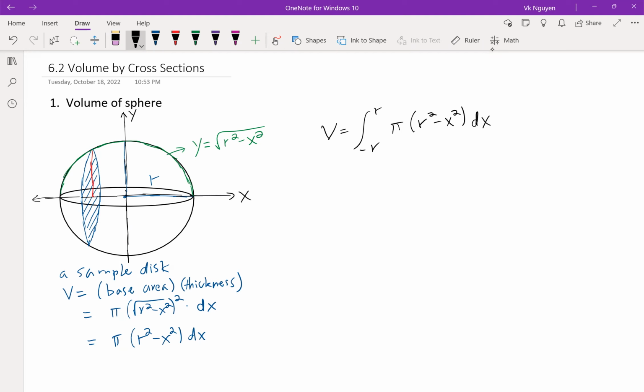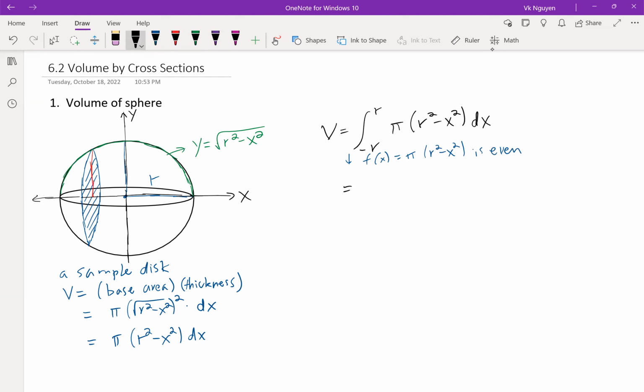Notice that the function, I'm going to call it f(x), pi times r squared minus x squared, is an even function.